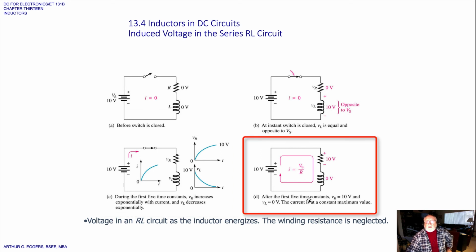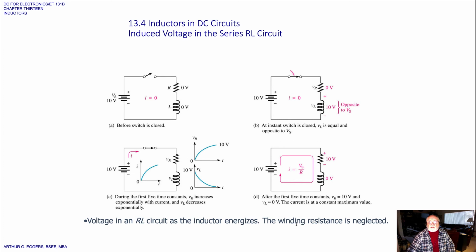After the first 5 time constants, V sub R is equal to 10 volts, V sub L goes to 0, and the current is at a constant maximum level. In this case, as the inductor energizes, winding resistance is being ignored.